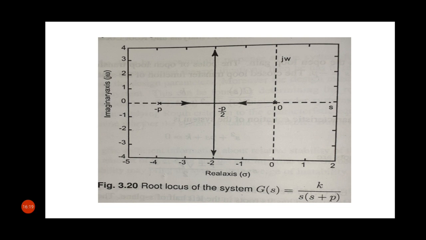At k equal to p square by 4, the two root loci meet at minus p by 2. So they are repeated poles at minus p by 2, both roots are the same. And third case, if k is greater than p square by 4, the root locus moves vertically in opposite directions and tends to infinity as k tends to infinity. Clear?